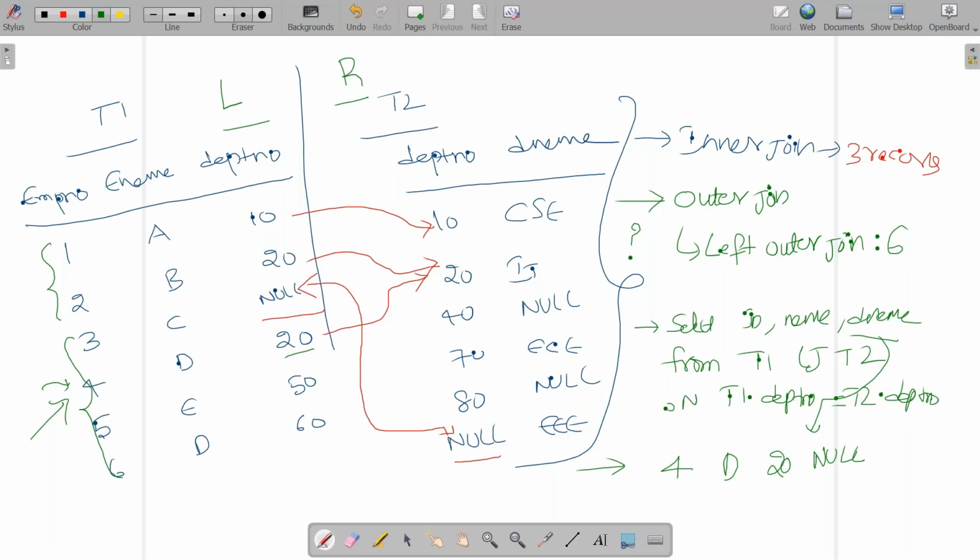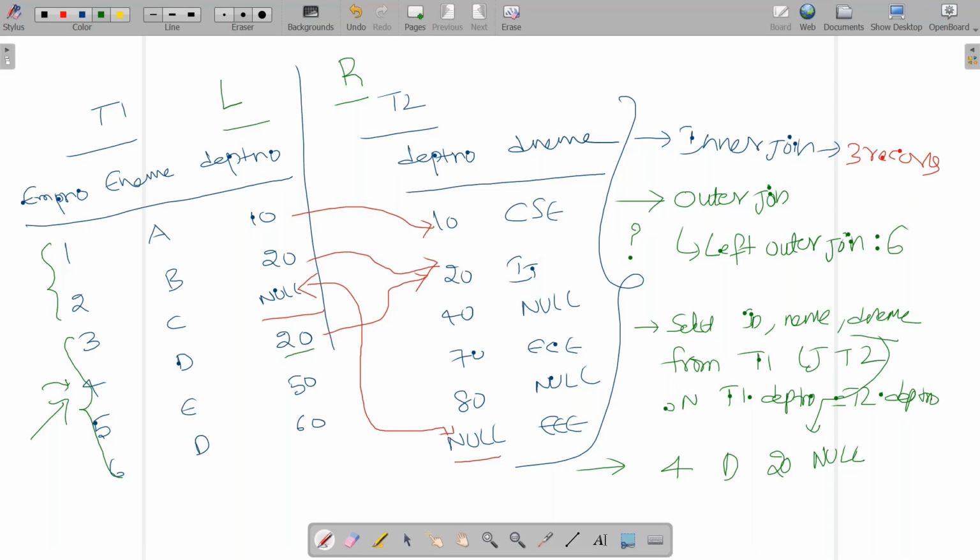What about full outer join? How many records are we going to get in the full outer join? All the matching and non-matching records. How many records from this table? How many matching records? 3 records are matching. How many non-matching? 3 records are non-matching from the left table.